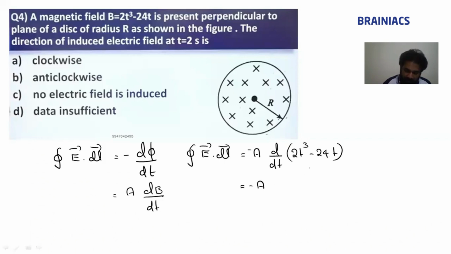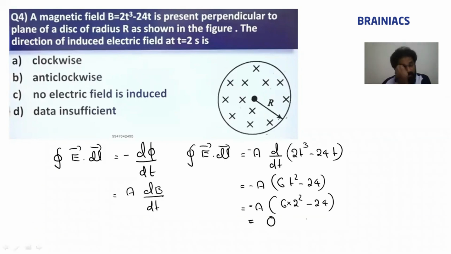So minus A into this is going to be 6t square minus 24. So putting the value of time, this is going to be 6 into 2 square minus 24. So this is going to be what? 0. This answer is going to be 0. So what will happen? No electric field will be induced in this case. So option C is the correct answer.